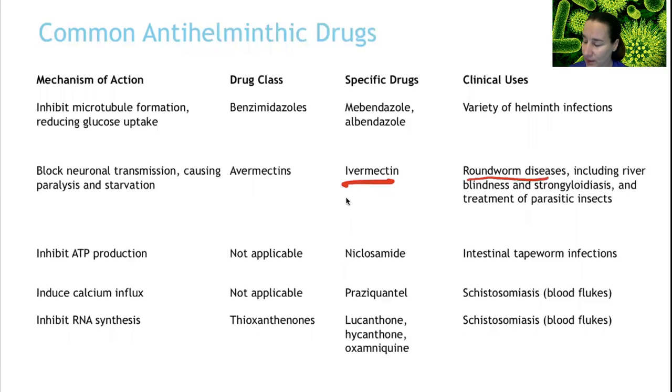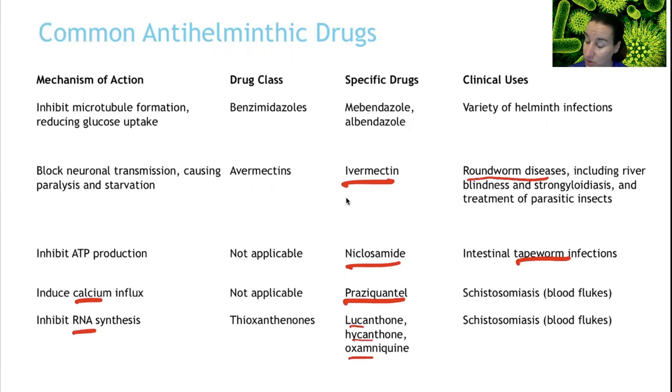Niclosamide can help with tapeworms. And then schistosomiasis can be treated with praziquantel or a whole bunch of other possible drugs. Praziquantel is going to attack with calcium, and the other three drugs can attack their RNA synthesis.